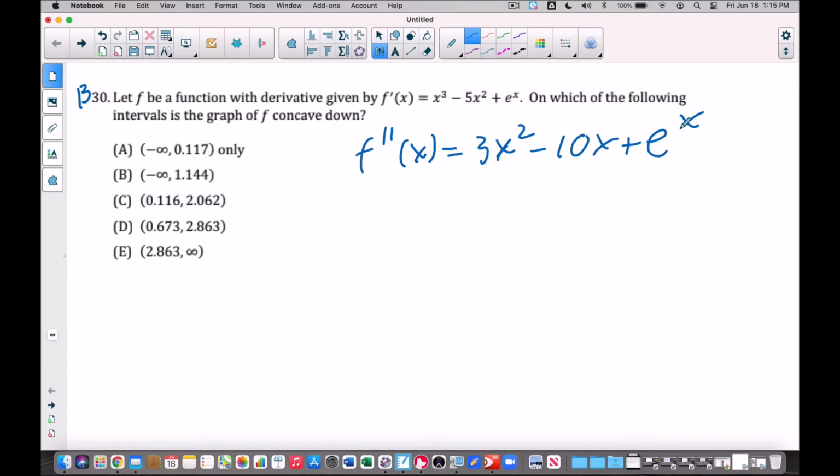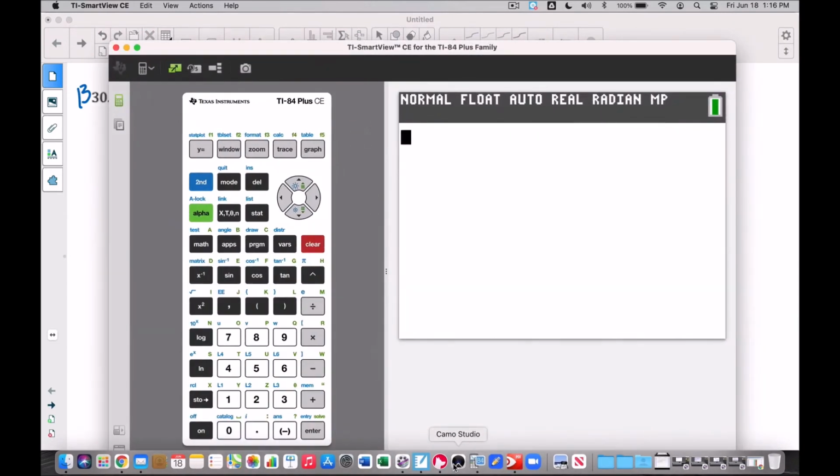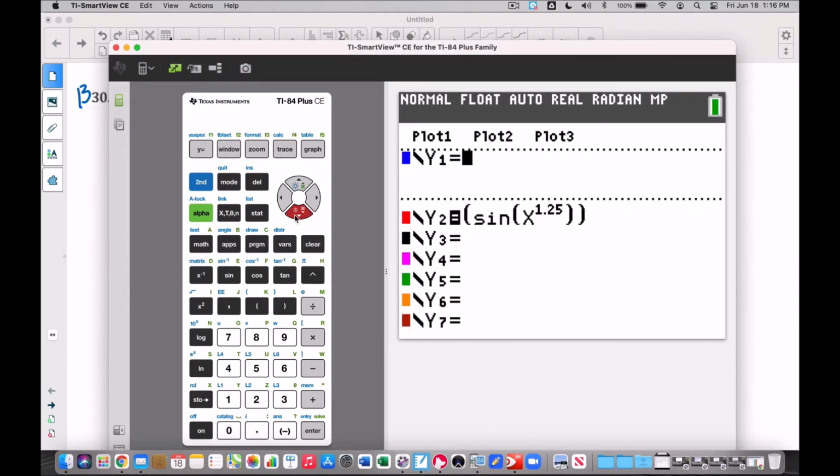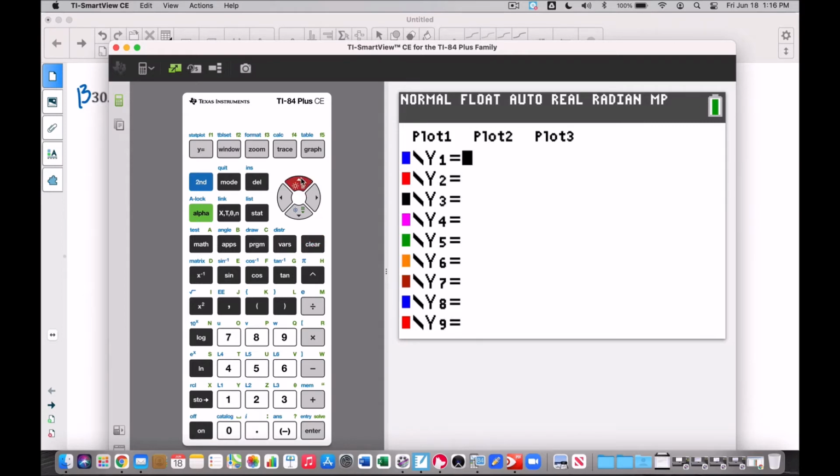So that's that simple. Now since we have to do number line analysis to find concavity, what we should do is find when that second derivative equals 0.